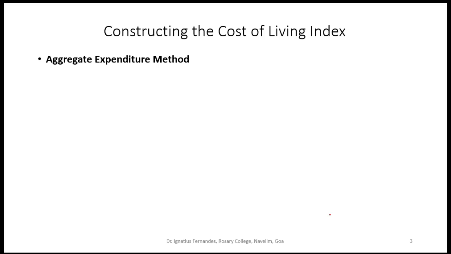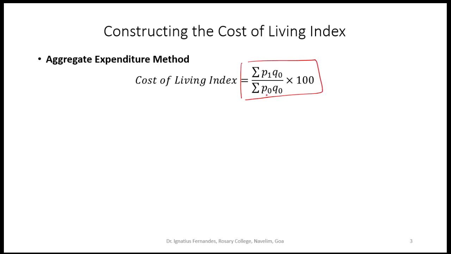One of them is the aggregate expenditure method, which we use when we know the prices and quantities in the base year and the current year. In case the data available is in terms of prices and quantities in the base year and the current year, then the cost of living index is given by this formula: summation P1 Q0 upon summation P0 Q0 multiplied by 100.